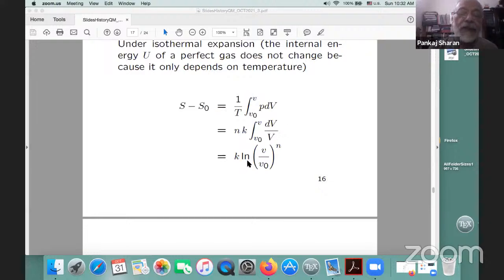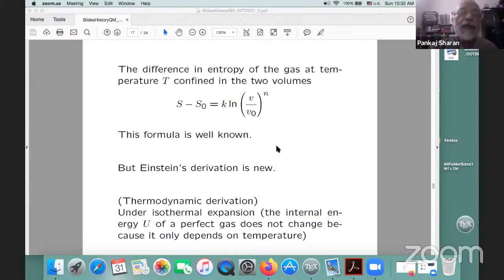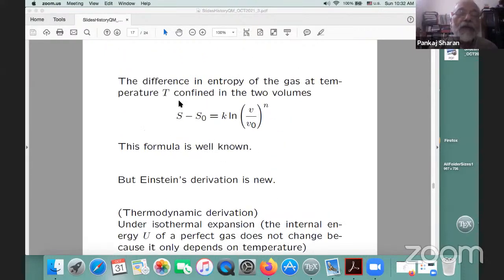So it is k times log of V upon V0 to the power n, and this n can go to the power. So basically, this is the formula for n molecules of a perfect gas and their entropy volume dependence.